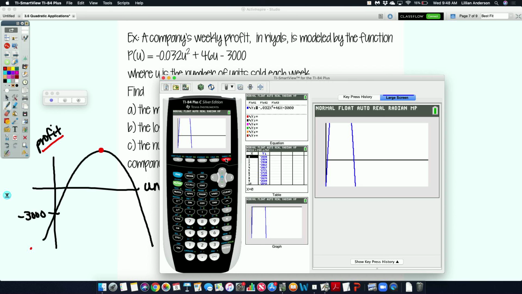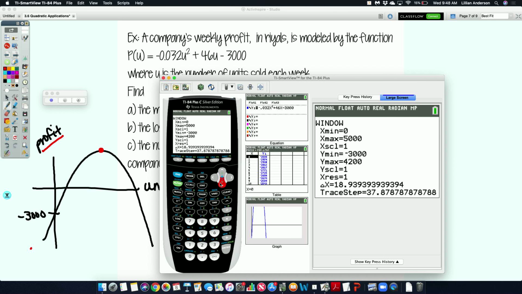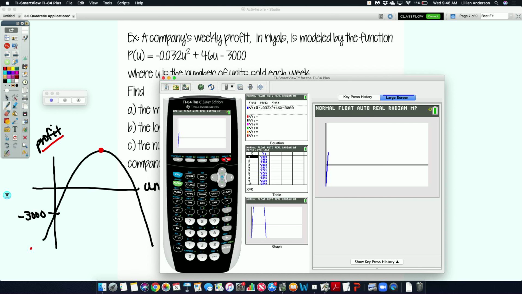So then that means that I'm going to need to adjust what part of my window? Your Y max. So it has to be bigger than 4,200. Suggestions? 6,000. Let's go 6,000. Okay? I gotta go bigger. 10,000.